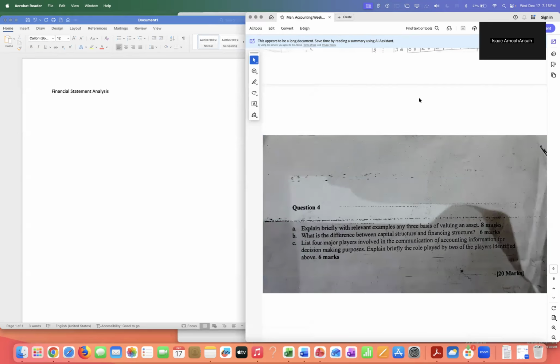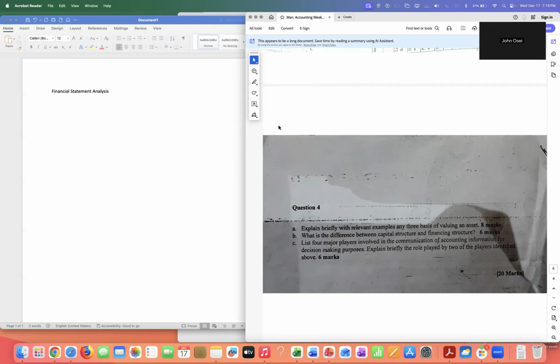C. List four major players involved in the communication of accounting information for decision-making purposes. Explain briefly the role played by two of the players identified above.